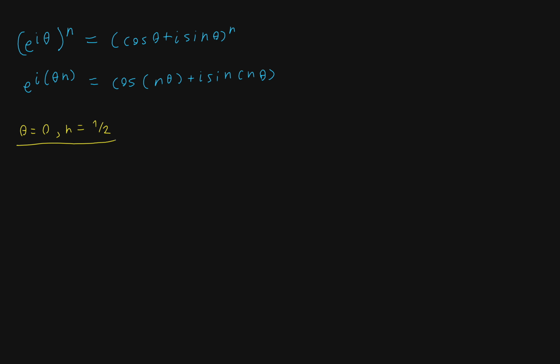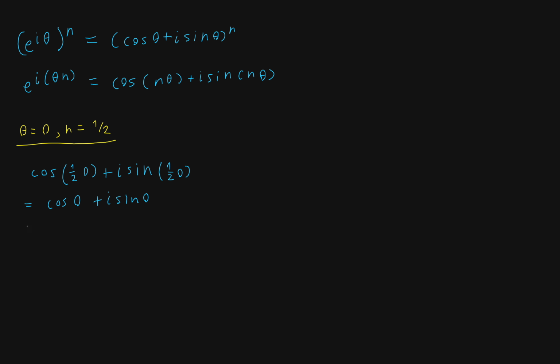Okay. So then we're going to have cosine of 1 over 2 times 0 plus i sine of 1 over 2 times 0. This is just equal to cosine 0 plus i sine 0.